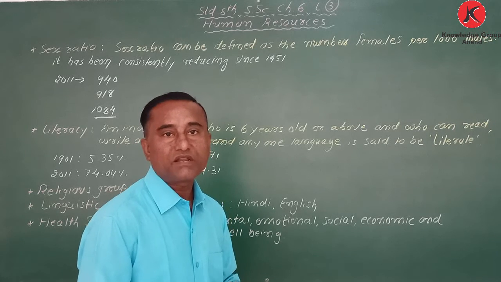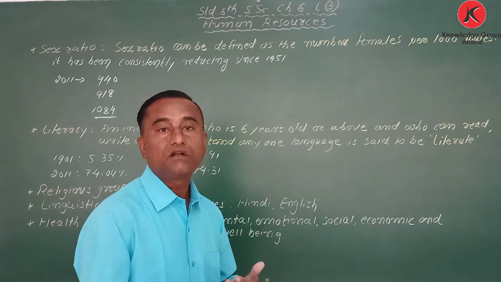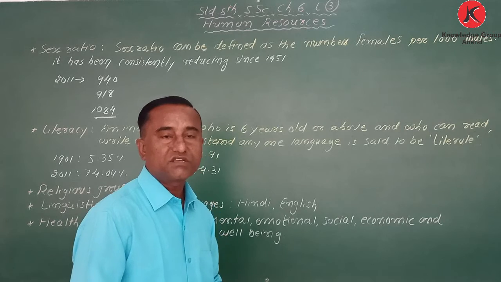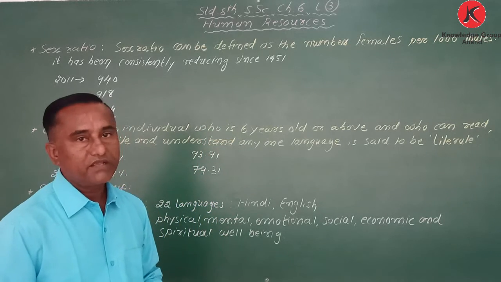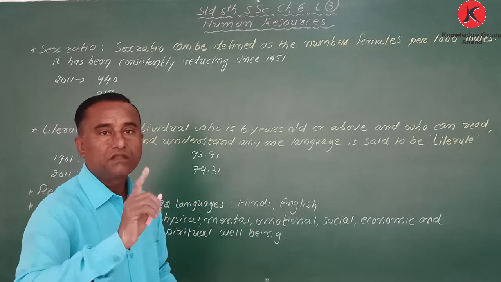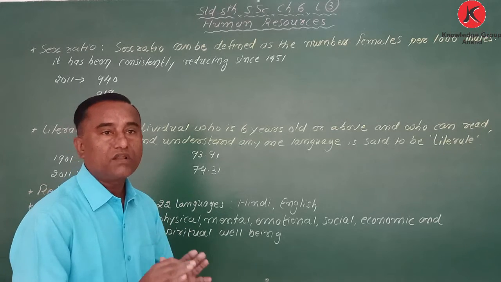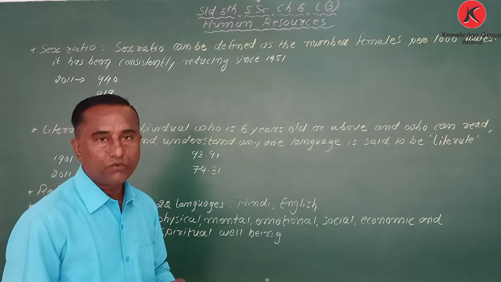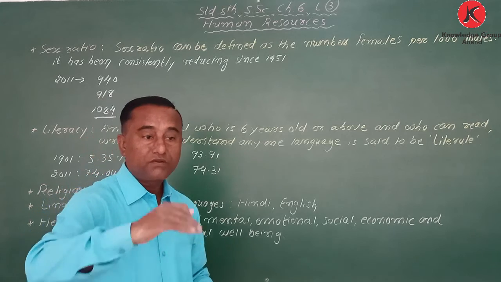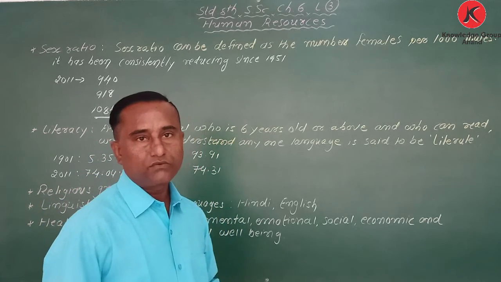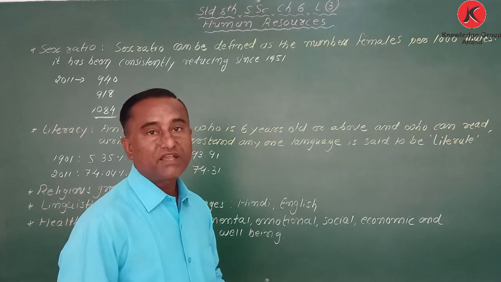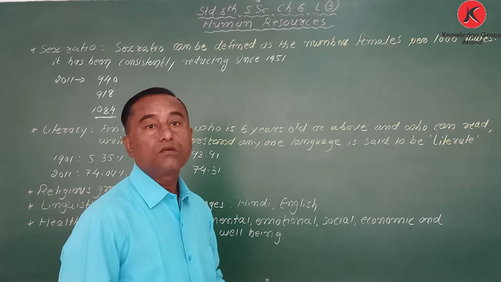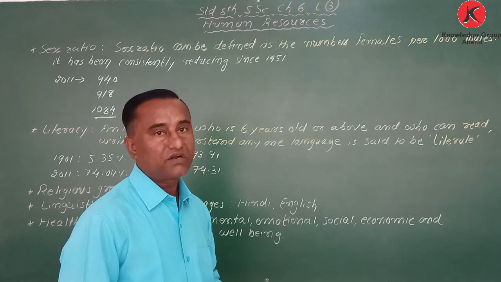It means they don't like to give birth to a girl. Even today, at some places it is going on. My dear student, it is not good. Whether it's a girl or boy, all are equal. In today's society also we can see that we are giving more importance to the male, the boy, not the girl.